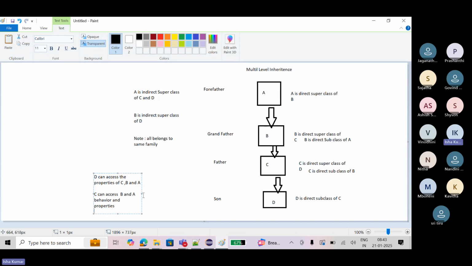And B can access the properties of whom? Tell me. Properties of A. Okay. Is it clear, guys? Yes, sir.